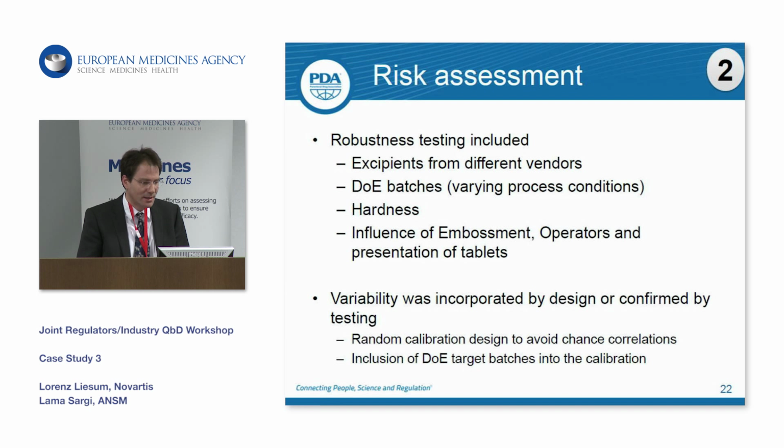We also had to look at the hardness and the influence of Bosman operators and how we present the tablets to the sensor. How can you check this? Actually, there are two ways. Either you incorporate this variability by design into the calibration, or you confirm this afterwards by testing.